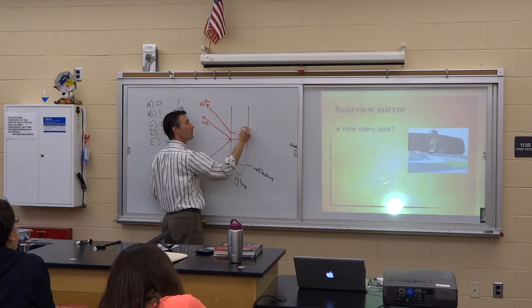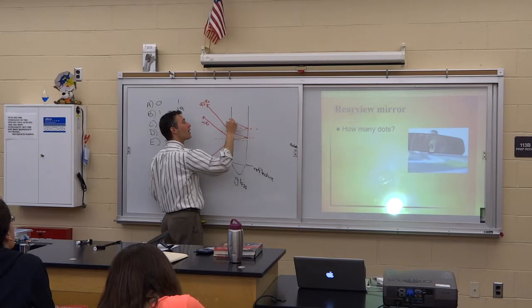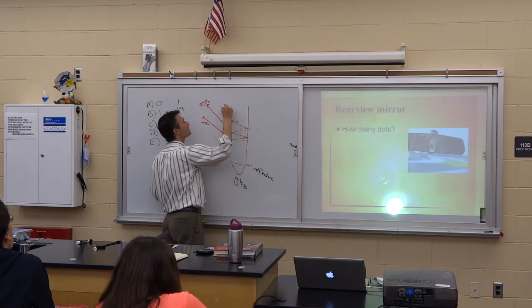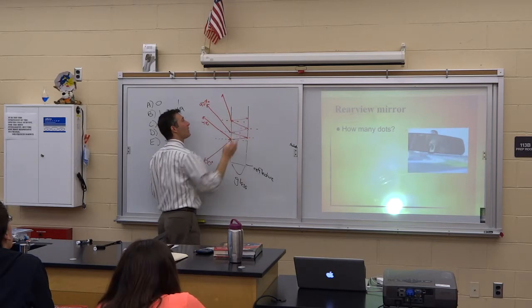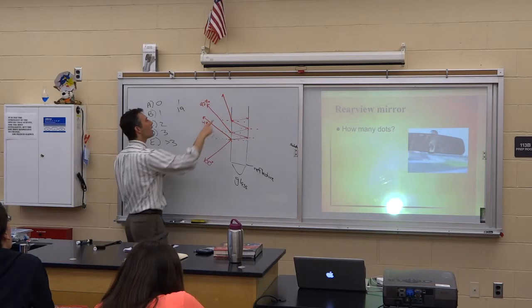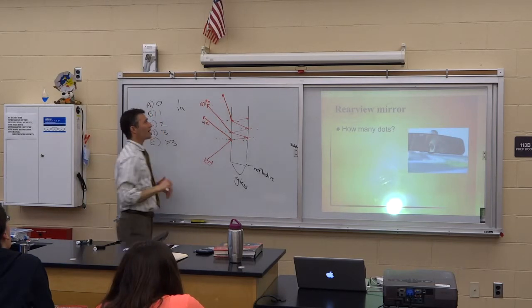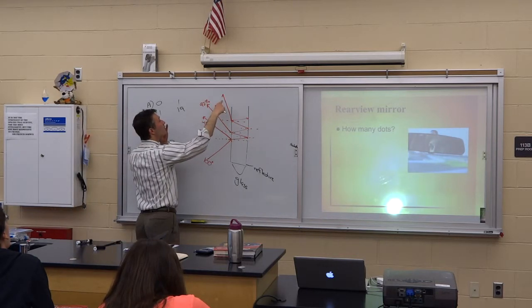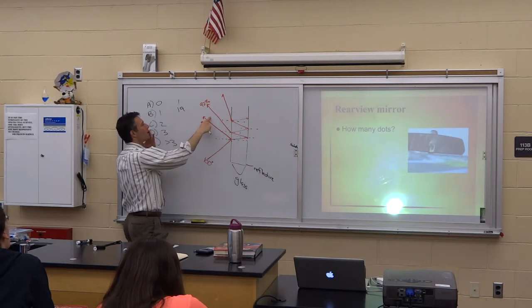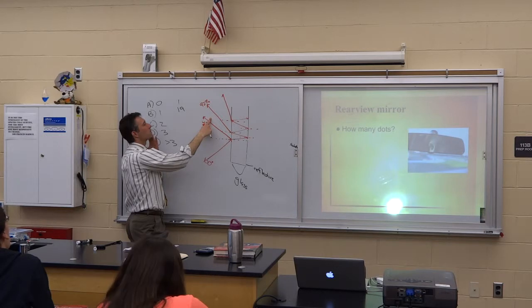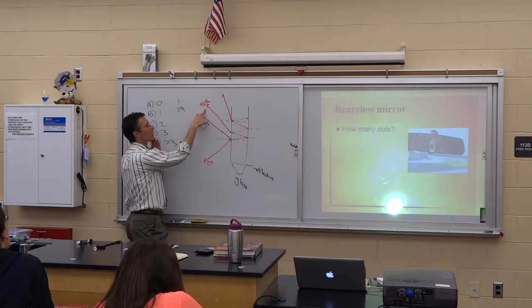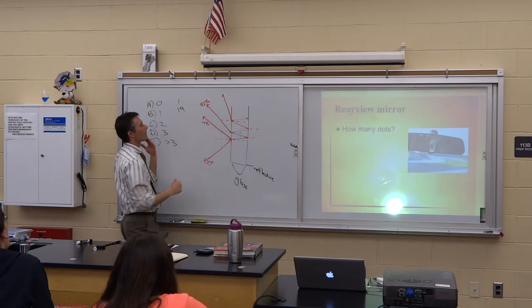What happens when it hits the back? Reflects. What happens when it reaches the air again? 96% of it will refract, and 4% of it will reflect back in. So, what is 0.96 of that?